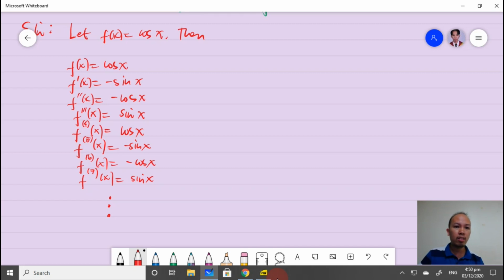Let's try to evaluate at x is equal to a. Of course, if our a is, let's say, 0, or we have a Maclaurin series, then I guess we can have a pattern here.